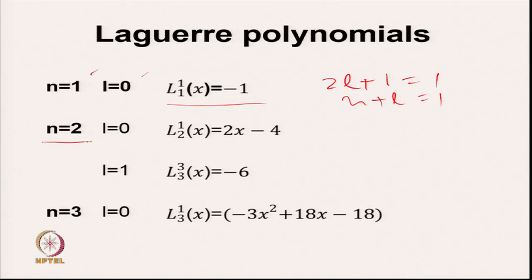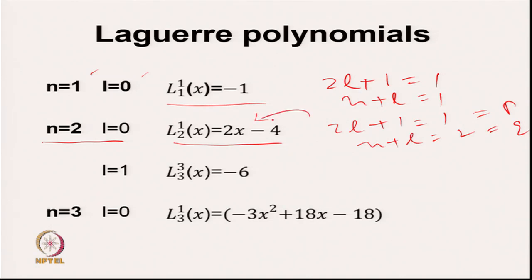Now, if n is equal to 2, L is equal to 0, then what you need is this polynomial, right, L12, because again 2L plus 1 is equal to 1, but n plus L will be equal to 2. So, this is your P and this is equal to Q, and the Laguerre polynomial for this is 2x minus 4, which I just showed you how to calculate.